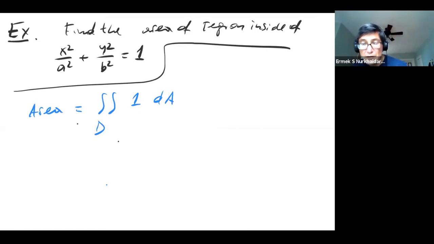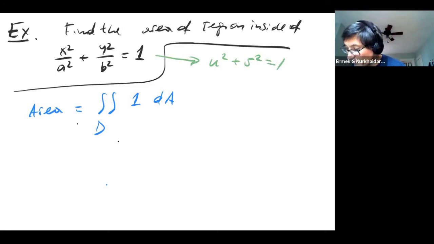The substitution which I want to do here is, instead of having x squared over a squared plus y squared over b squared equals 1, I wish to have x squared plus y squared equals 1. So I wish to get u squared plus v squared equals 1.